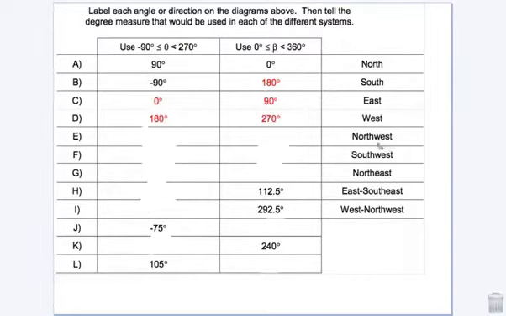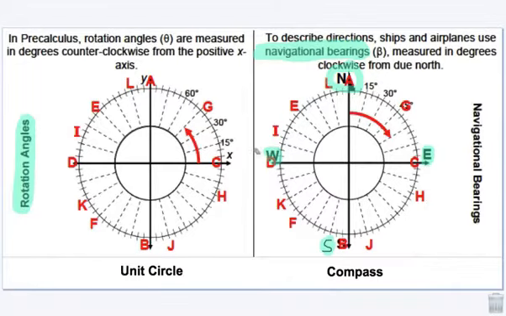Northwest is a location we've already seen in one of our problems. Northwest is halfway between north and west, and notice on both of them, that's our E. We know from our problems earlier in this unit that northwest is 135 degrees on the unit circle.